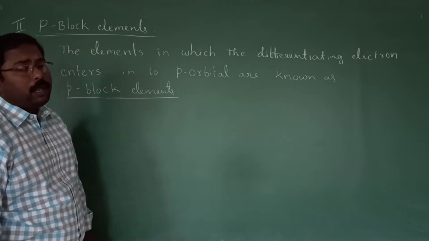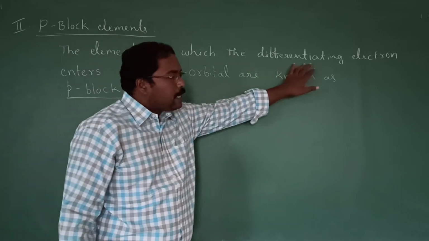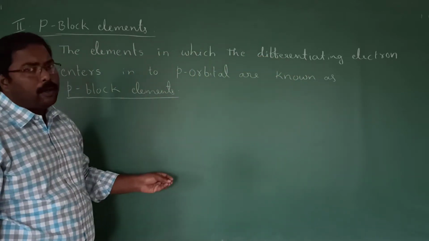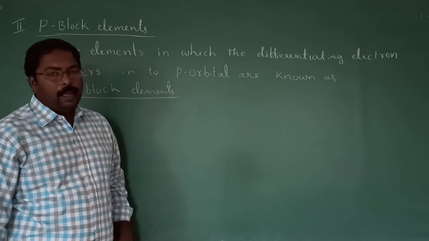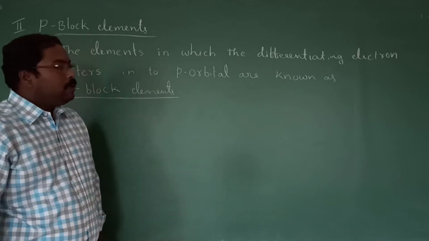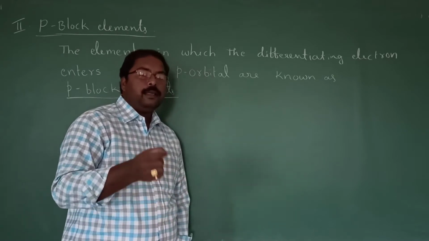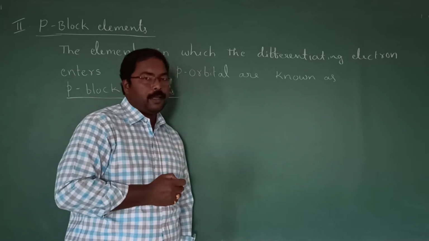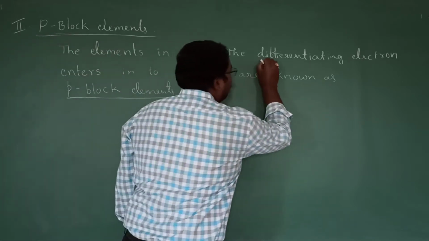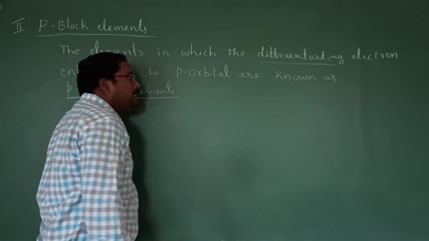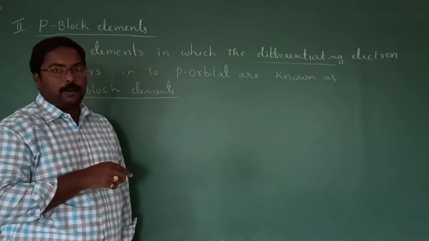So how can we define the P block elements? The elements in which the last electron enters into the P orbital are known as P block elements. If they give a particular element, how can we identify whether it is a P block element? The definition clearly says the last electron should be in the P orbital.